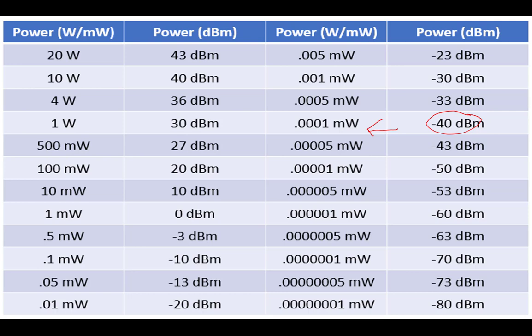So you can see here at the top, we start with 20 watts of power, which is equal to 43 dBm. And the threes and tens rule states that if we decrease 3 dB, which is here, on the other hand, we have half of the power.